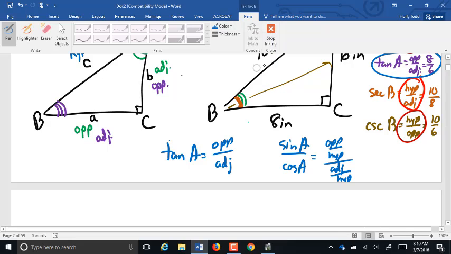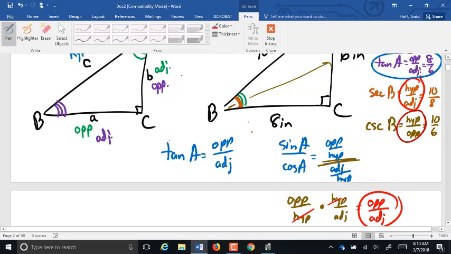If I do the calculation and I divide this out, opposite over hypotenuse, which is the sine, divided by cosine means we multiply by the reciprocal, which is hypotenuse over adjacent. You'll notice the hypotenuse cross cancels out, we get opposite over adjacent, which is the tangent.